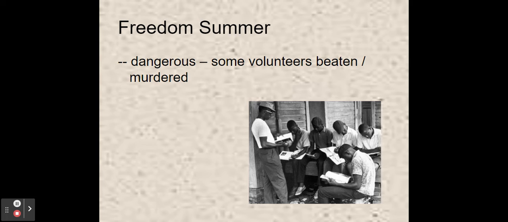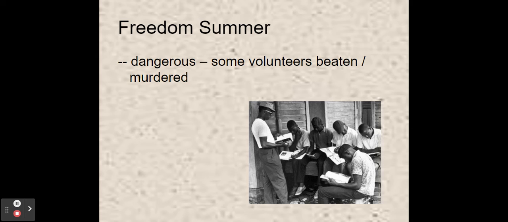Okay, and their bodies were buried in a car, and the car was basically dumped in a big mud pit. Okay, so it is very, very dangerous. There's constant harassment. There's constant intimidation. The KKK is involved.